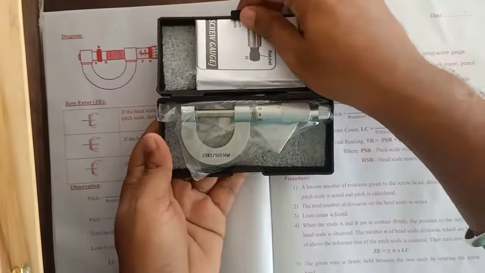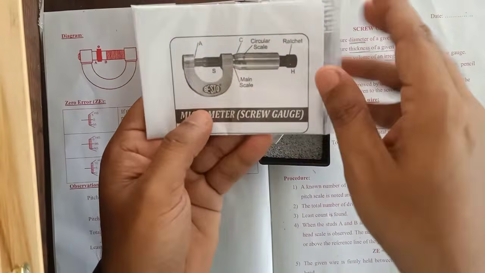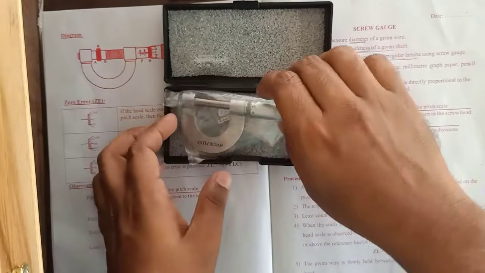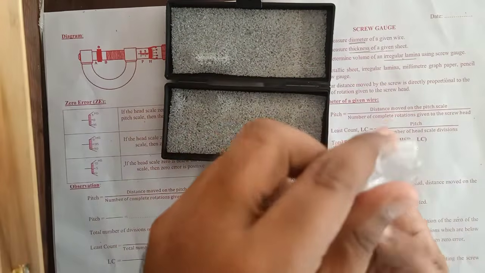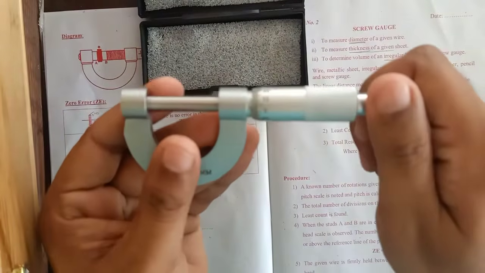Yes, it's a new screw gauge, and this is a user manual. What we call for this one and this one, I will explain here. So this is the new screw gauge.